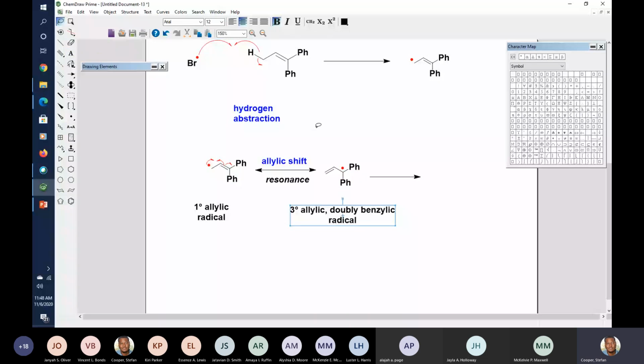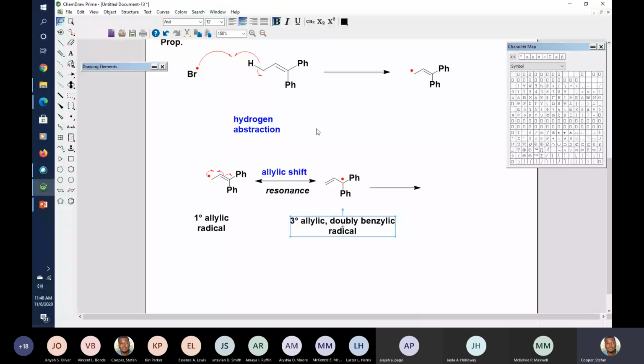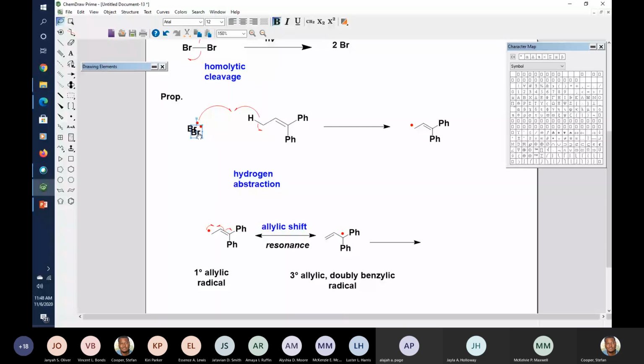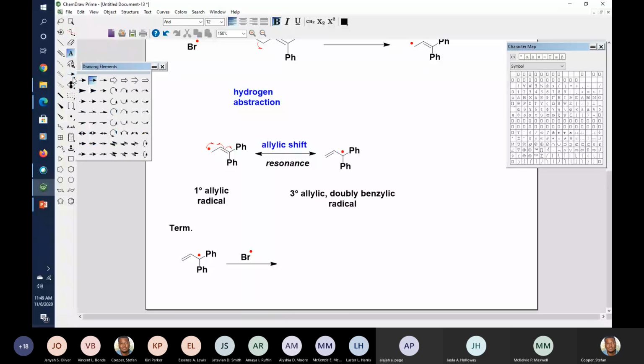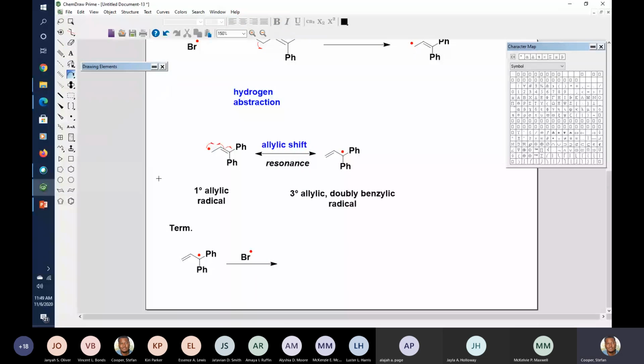All right, all that happens in my last step is that now I need my BR radical, my second one. Actually, let's just make this all second step. These two things are going to happen in my termination step. That would have been a good arrow to use.